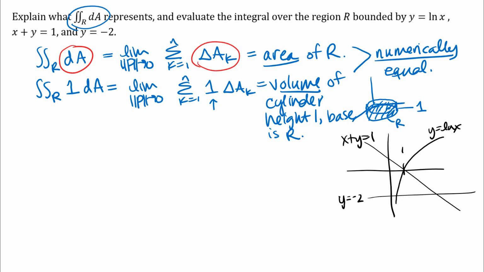Okay, so I've drawn all of the curves here, and one thing that sometimes students have a hard time with is that they're focused on the incorrect region. So you need to make sure that the region that you're focused on is actually bounded by all of these curves. So if I look at that carefully here, I've got a region down here in the 4th quadrant where I've got the ln function on the left side, the line x plus y equals 1 on the right side, and then y equals -2 on the bottom.